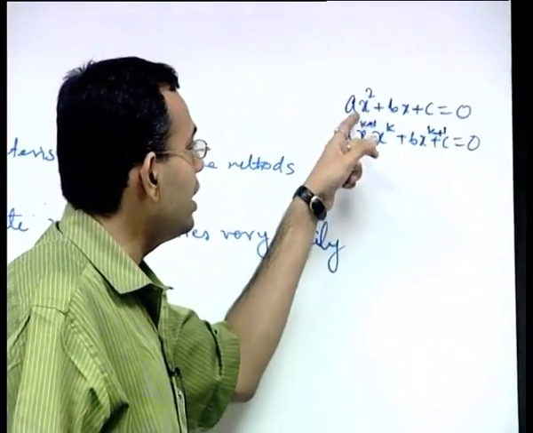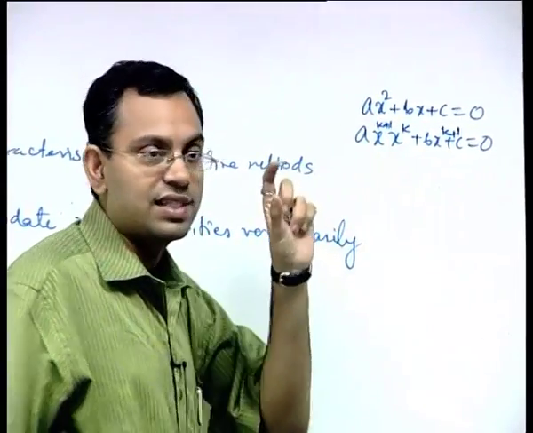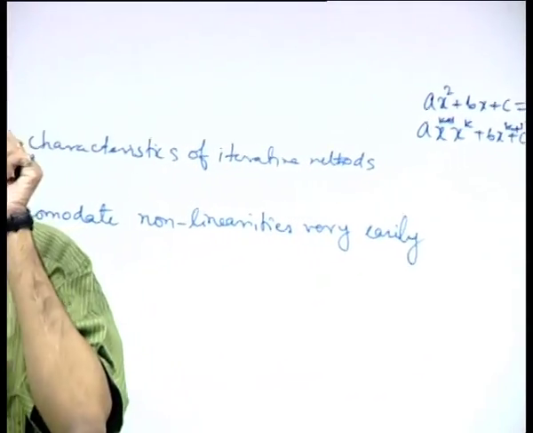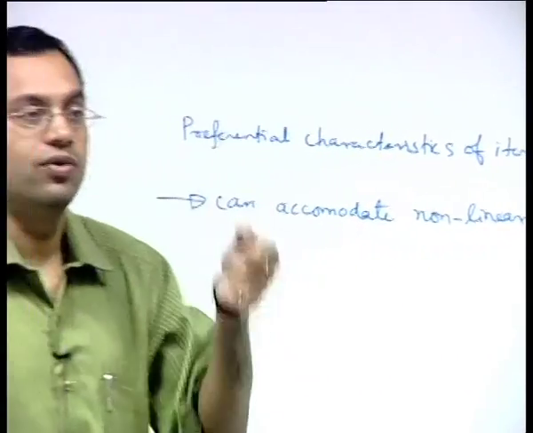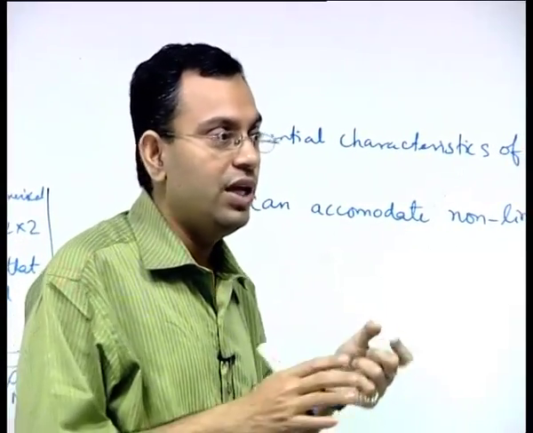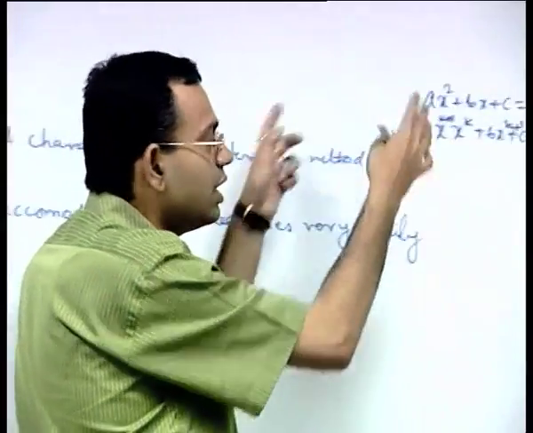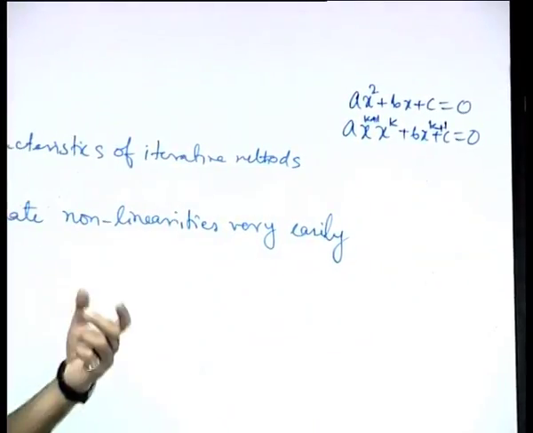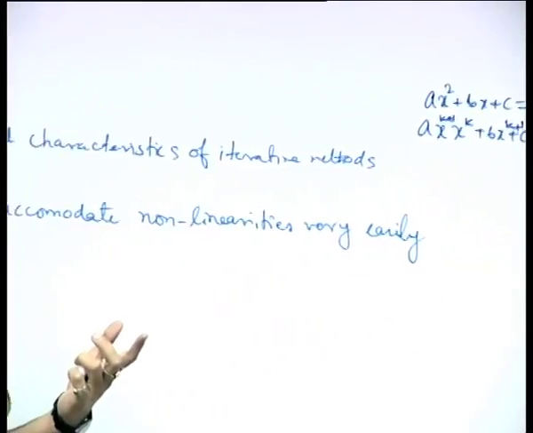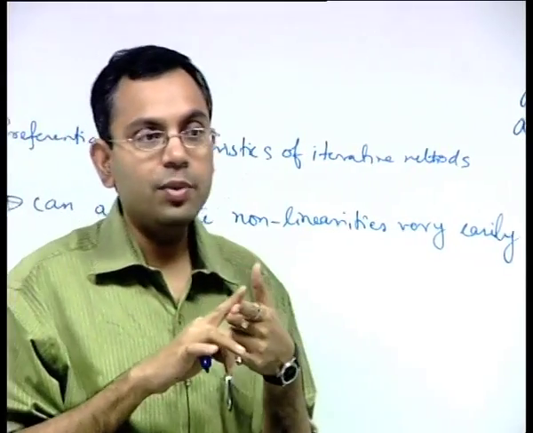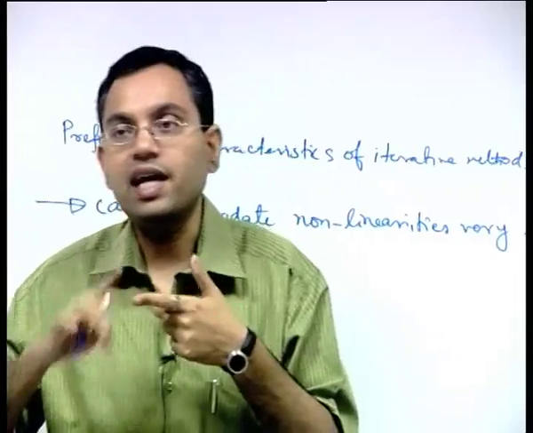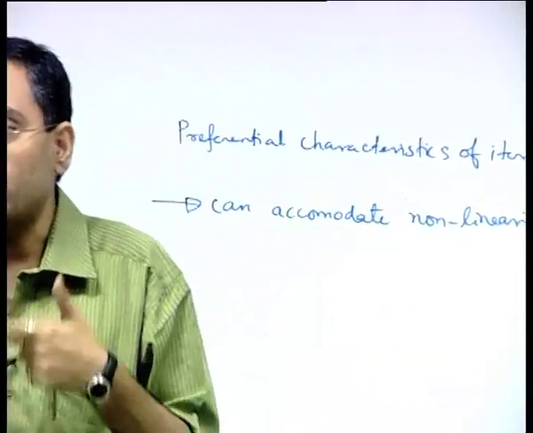So what you are doing is you are breaking x square as x into x, in one of those x's you are using the old value. We can write a formula in some mathematically rigorous way, but it is very important to appreciate that essentially what we are doing is assigning the variable some value.